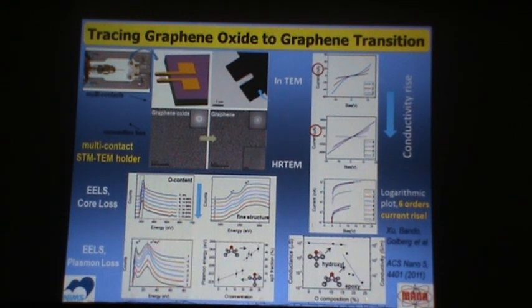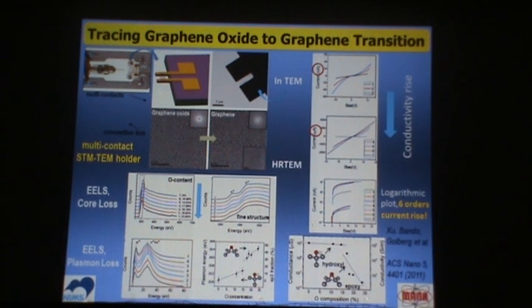And the strong point, the advantage of this experiment, is that we have 3 parameters in one experiment. We can analyze high-resolution imaging, we can analyze chemistry, colors and plasmon loss of oxygen and carbon edges, and at the same time we can measure the electrical current.